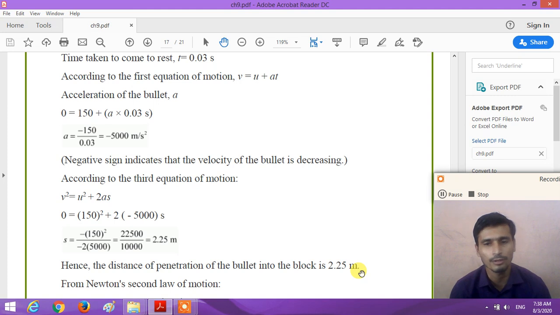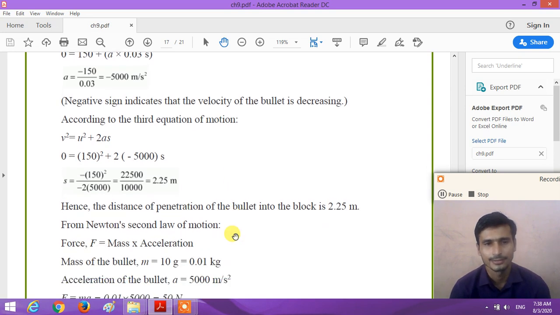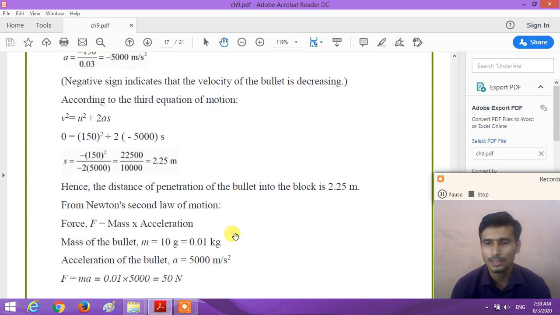2.25 meter. Now what do we want to calculate? The force exerted on the bullet by the wooden block. According to Newton's second law of motion, F is equal to mass into acceleration. Here the mass is given as 10 gram.